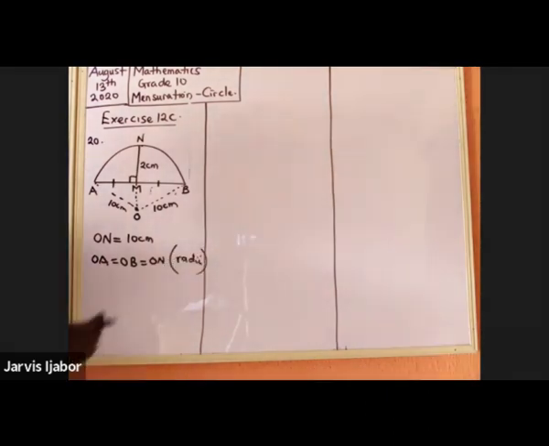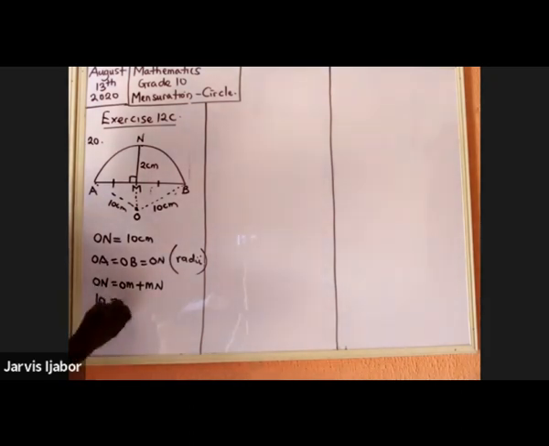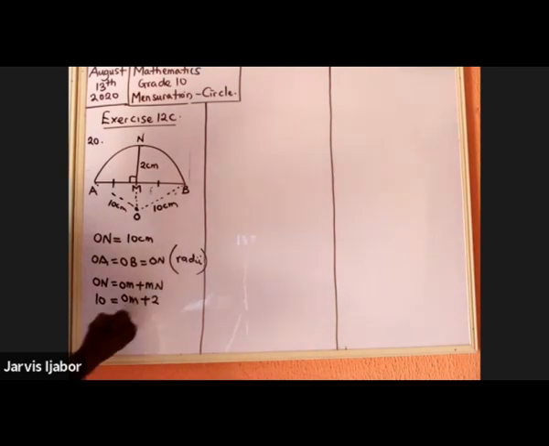Now, ON will be equal to OM plus MN. Are we together? Now, ON is 10. OM is not known. And MN is 2. So OM will be equal to 10 minus 2.